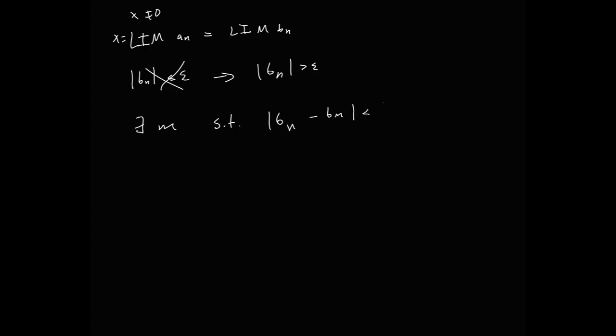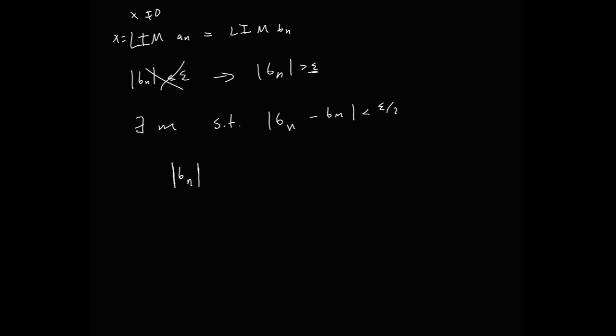Okay, now what do we have? We know that every b_n, there exists some epsilon such that this is true. We want to prove it for any epsilon.